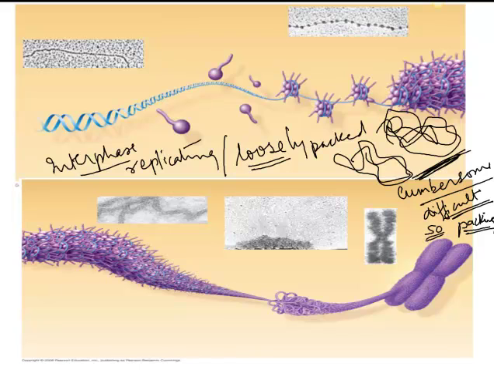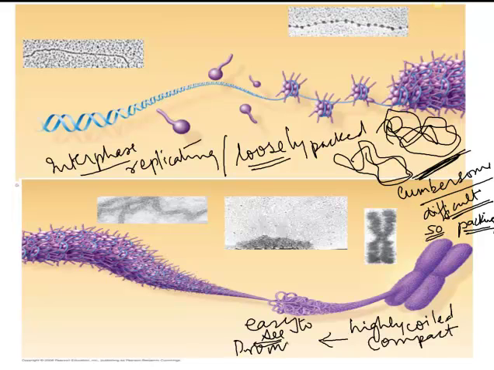So it is packed into a highly coiled, compact stage, and that makes it easy to see, and you call that prominent. This is what happens during the prophase stage. Remember, I asked you to remember prophase, prominent.